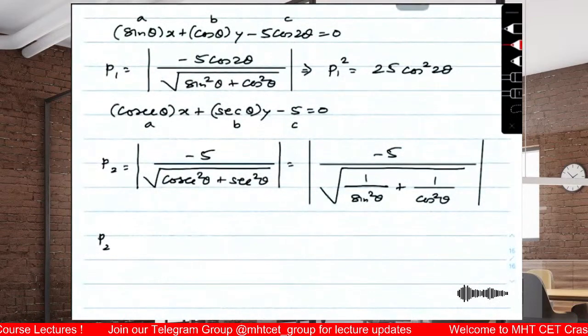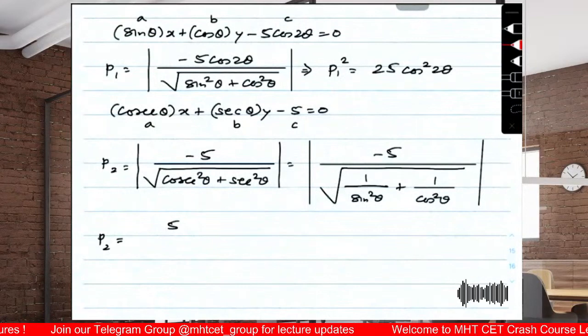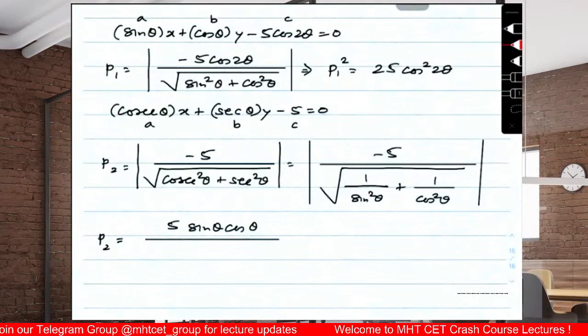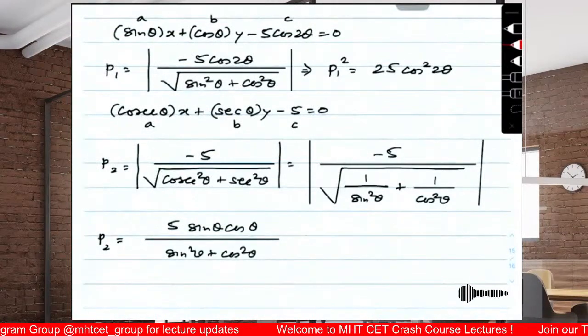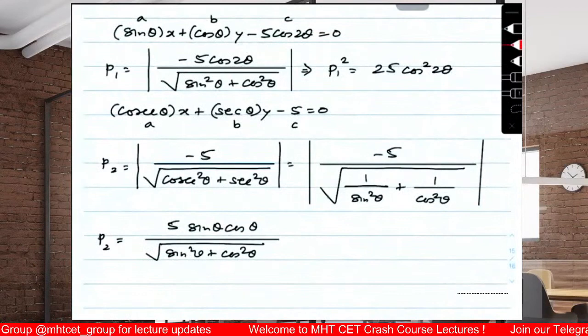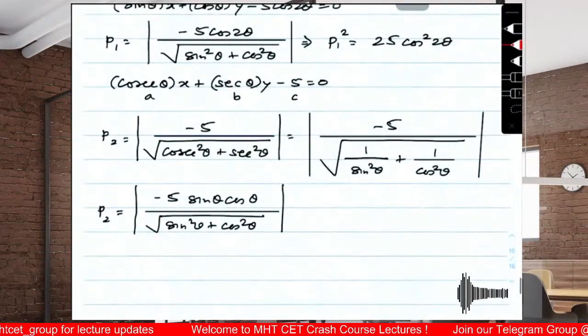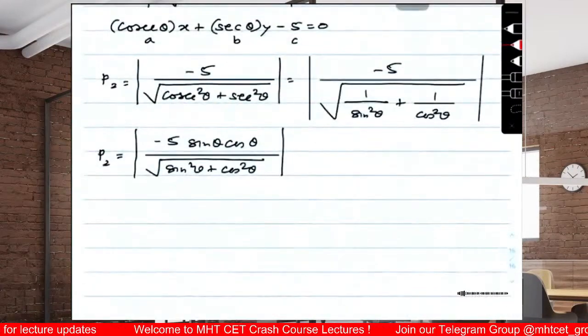Okay, so P2 square will be, square से पहले P2 find करो. This is phi. If you take LCM, this will be sin theta cos theta divided by sin square theta plus cos square theta under root in mod. Okay, now we need 4 P2 square. So पहले P2 का square करो.